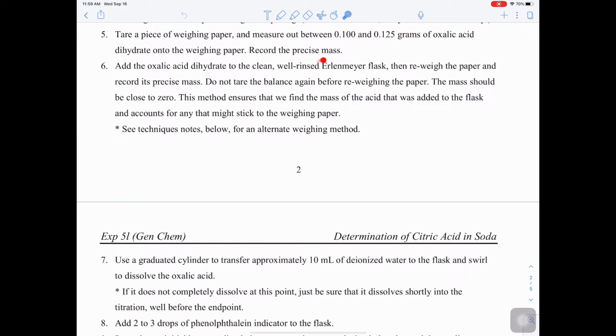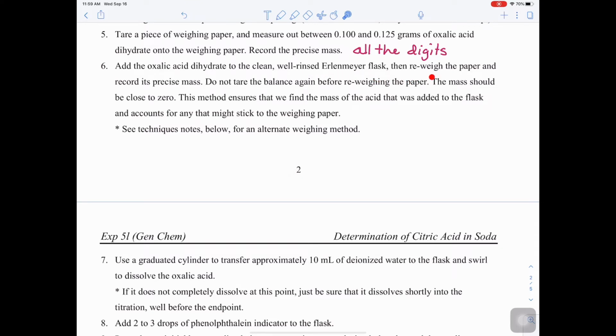You're going to record the precise mass, that is all the digits. We want all the digits that are displayed on the balance. Then we're going to take the oxalic acid on the paper and add it to a clean Erlenmeyer flask. It's fine that it's wet, it just needs to be clean.